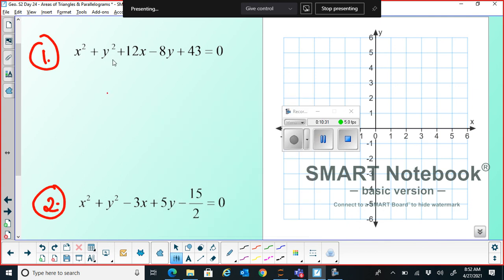Same procedure, I'll get the constant to the right side and put all the x terms together. So I'll have x square plus 12x plus y square minus 8y equals negative 43.